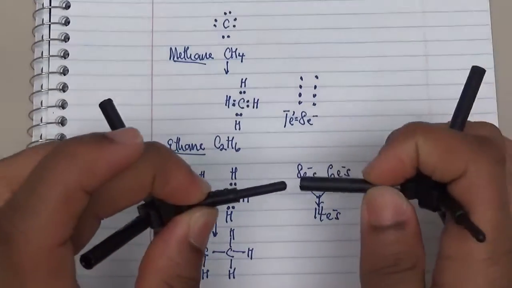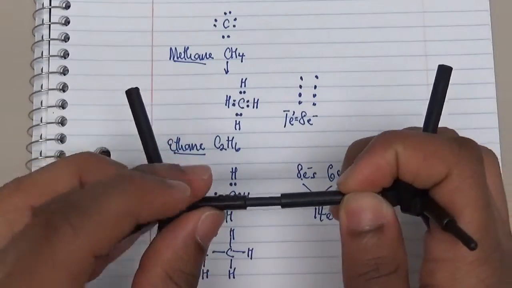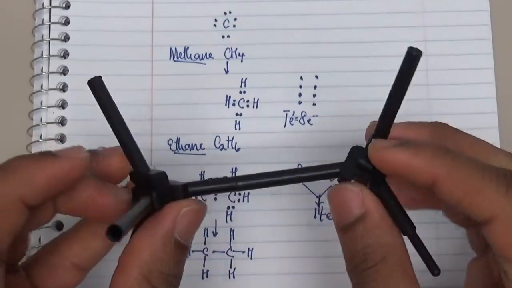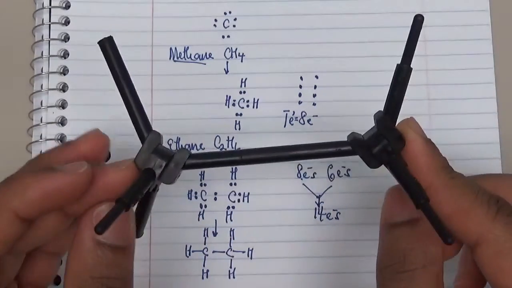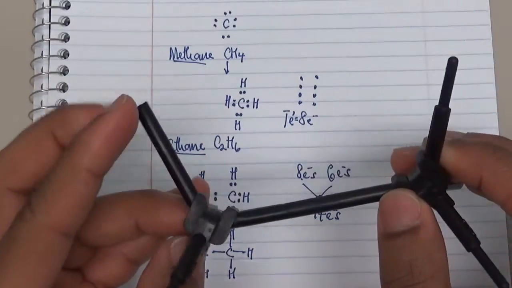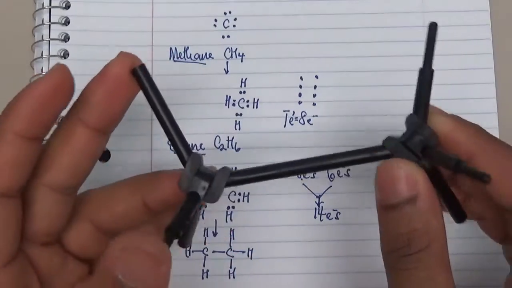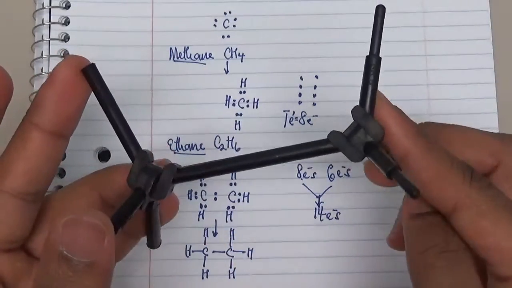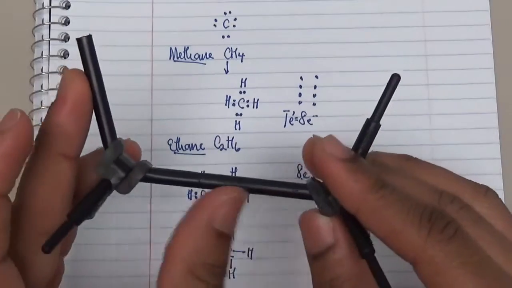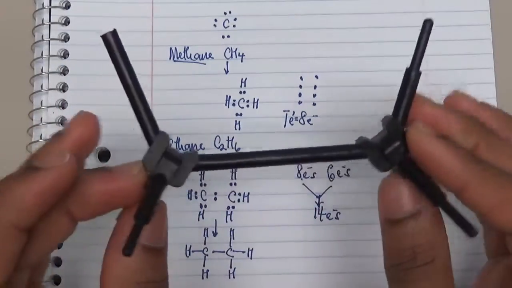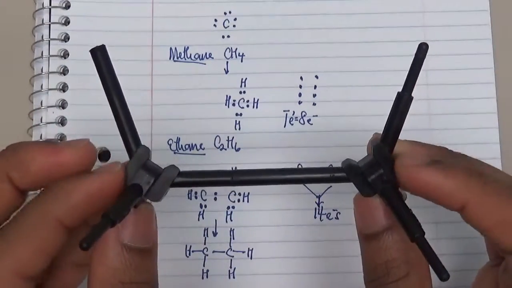If I fuse those 2 electrons together, what I get is ethane, where I have hydrogen, hydrogen, hydrogen here, hydrogen there, hydrogen there, hydrogen here, and in here we have a bonding pair between the 2 carbons.